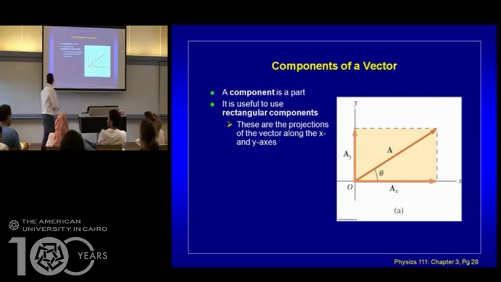So we can write the location of the projector, which is 5i plus 4j plus 4k.